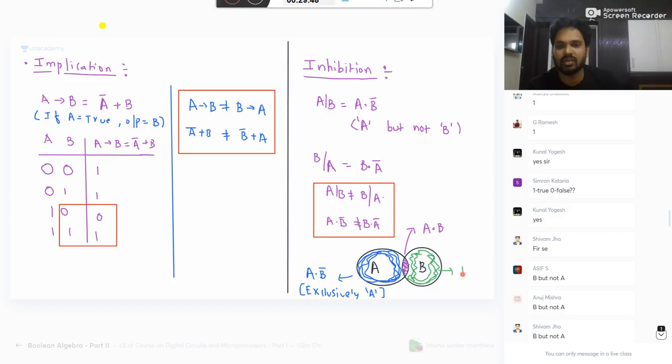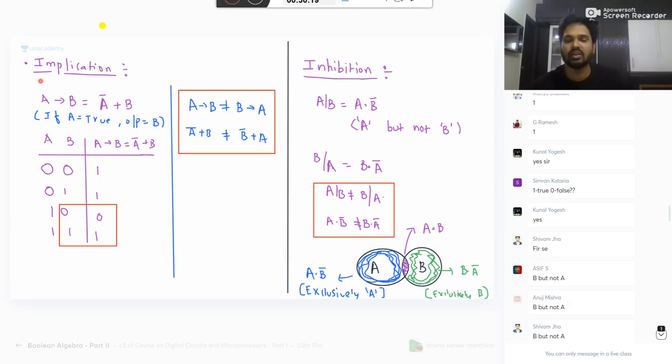It is B but not A. Only B, exclusively B. So if you add these two, you get a new gate called exclusive OR, AB bar plus A bar B. We discuss that later. So that is what we call implication and inhibition. Is it clear for you?